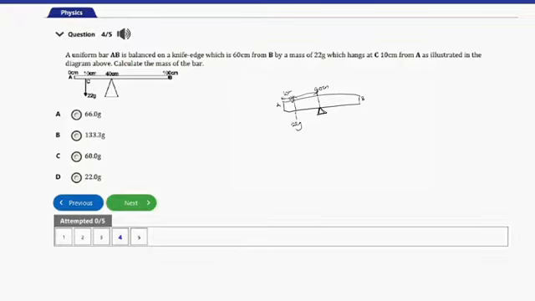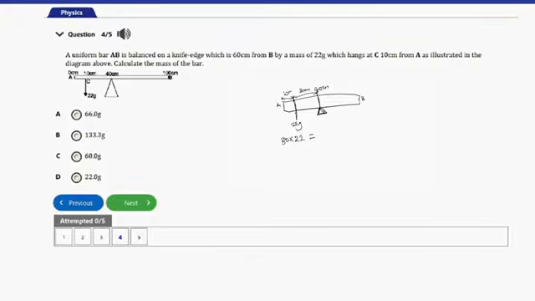Since the mass here is 10 cm from A, it's going to be 40 minus 10, that's 30 cm from the pivot. So the clockwise moment is going to be 30 times 22. Remember that the clockwise moment should be equal to the anti-clockwise moment.